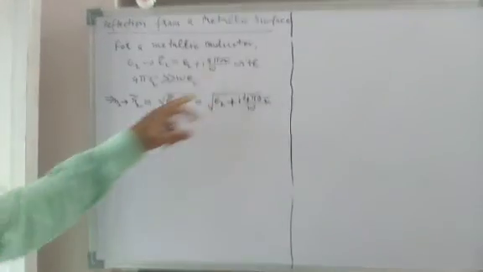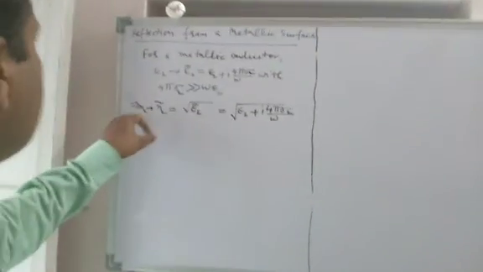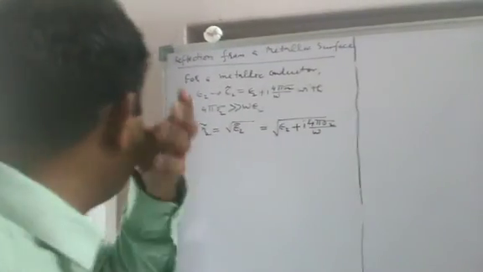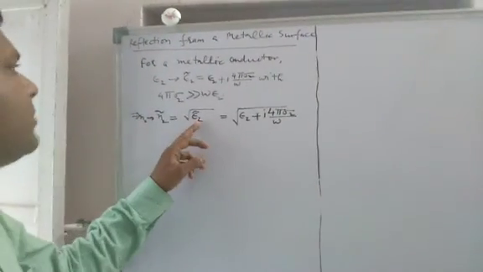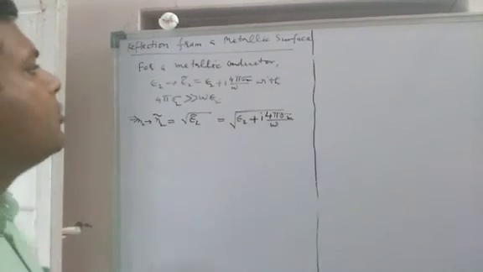With these, we already know that the refractive index, which is root epsilon 2, would transform to epsilon 2 tilde, and that would be this.